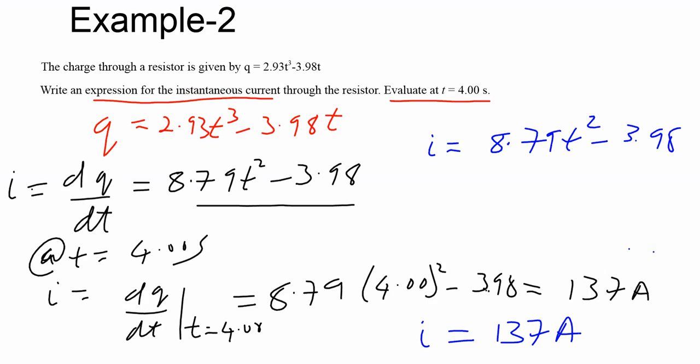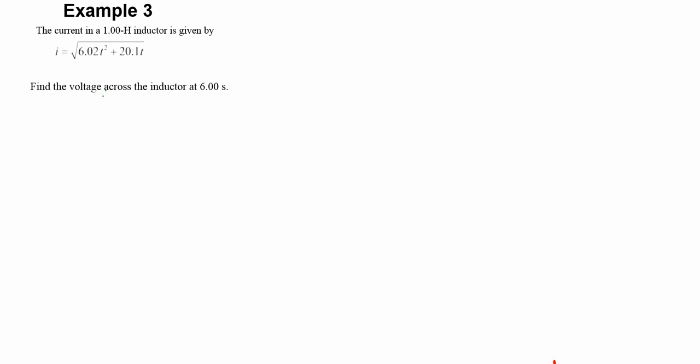Let us look for another example. Example 3. In example 3, you're given that the current in a 1.0 Henry inductor is given by I equals square root of 6.02t squared plus 20.1t. You're asked to find the voltage across the inductor at 6.00 seconds.